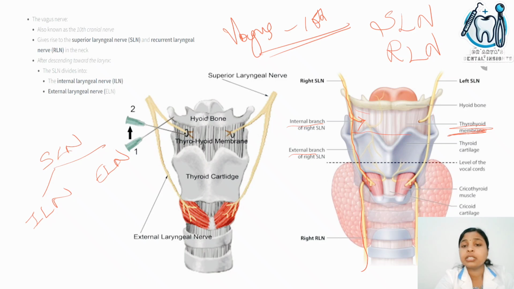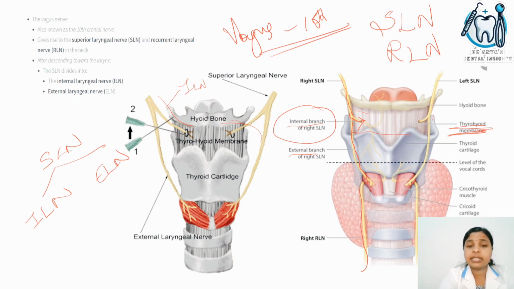The nerve which pierces the thyrohyoid membrane is the internal branch of the superior laryngeal nerve. This is the hyoid bone, this is the thyroid cartilage, and this is the thyrohyoid membrane. The nerve which pierces the thyrohyoid membrane is the internal laryngeal nerve.